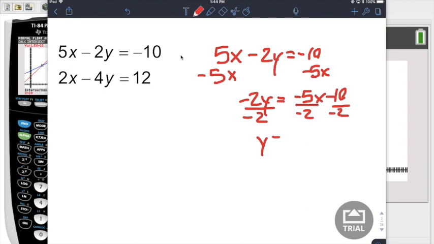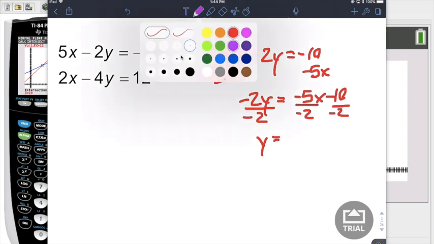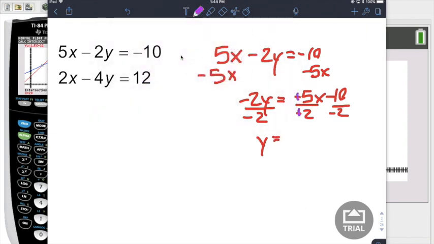And don't forget, whenever you have a negative divided by a negative right here, that should become a positive right there. So we should cancel these out. Yes, 5 over 2 doesn't reduce, but we can write it as 5 over 2x. And then 10 over 2, I guess, is going to be plus 5 right there.